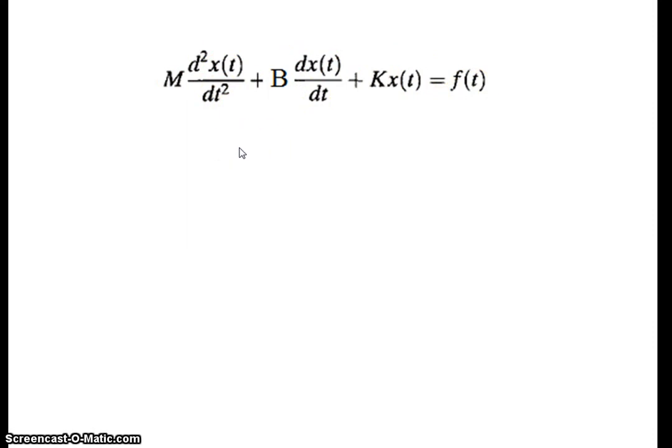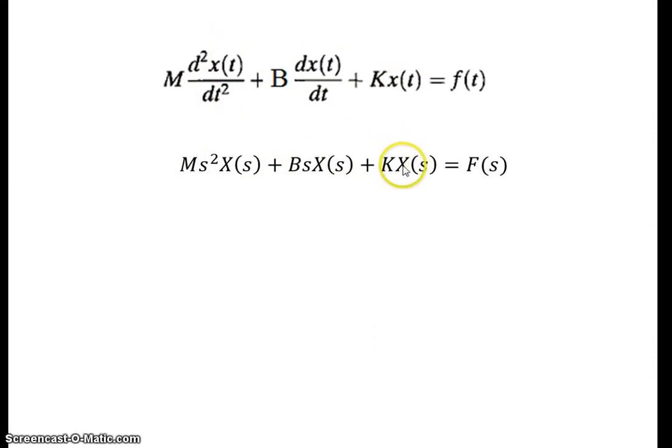Now, if we are going to convert this into its Laplace transform, then x double prime will be s squared times x of s. Same is true with this term. First, x prime will have s, and k x of t will have a Laplace transform of k x of s, and this is equal to f of s.